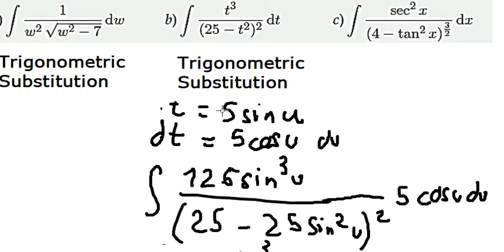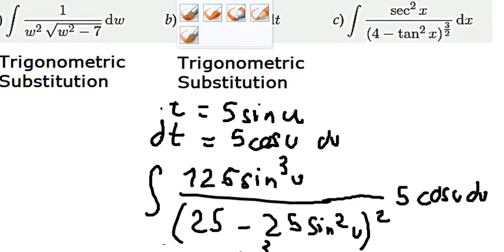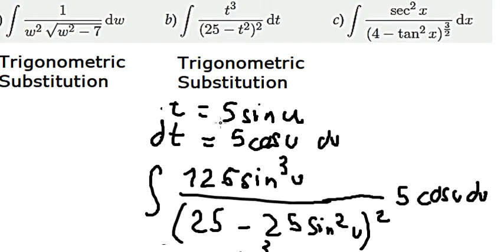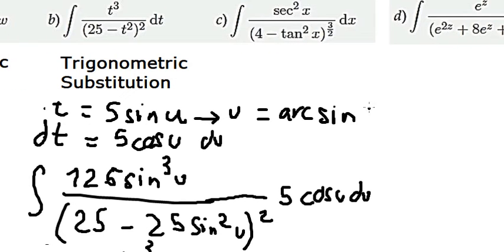Here is about t equal to 5 sine u. We divide both sides with number 5, and we got about u equal to arc sine of t over 5. So we put this one go in here.